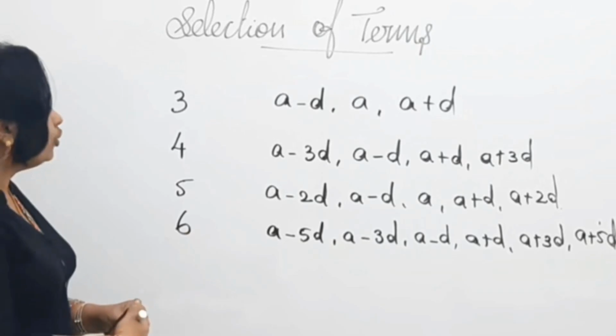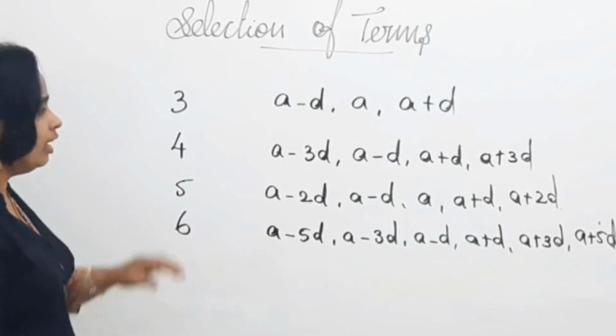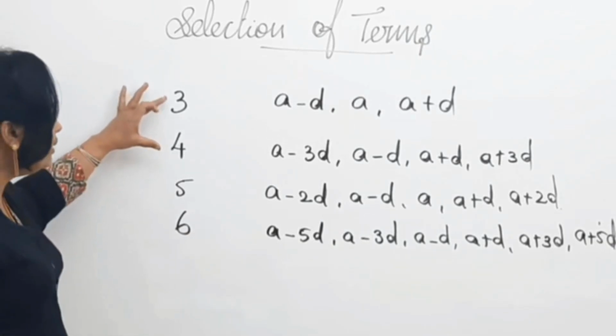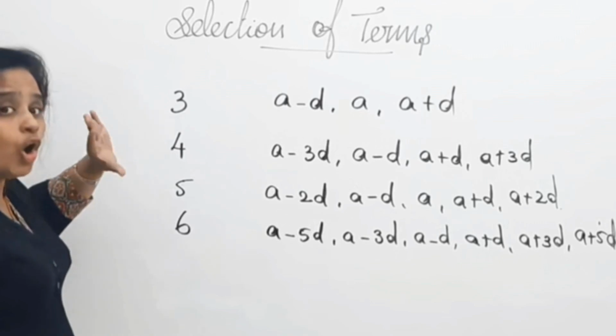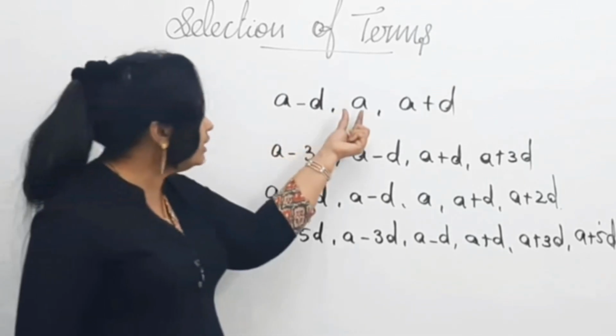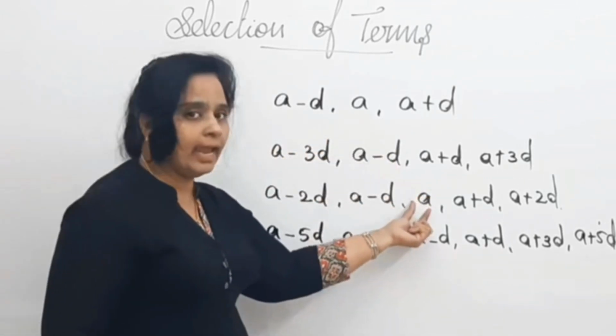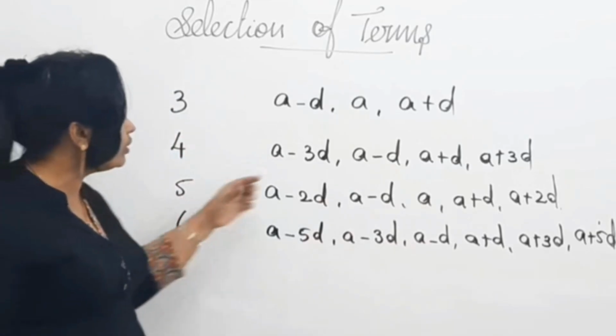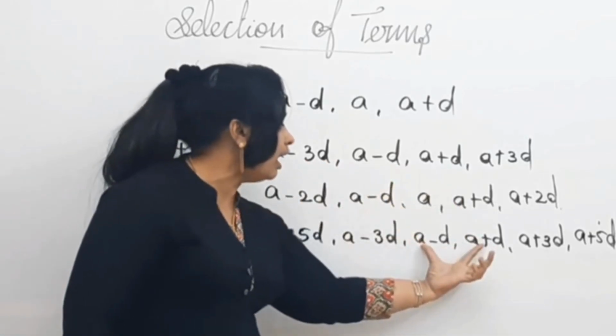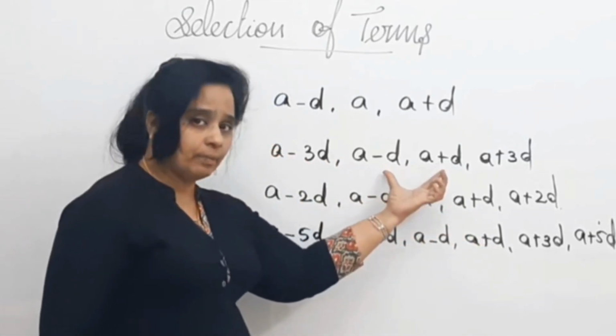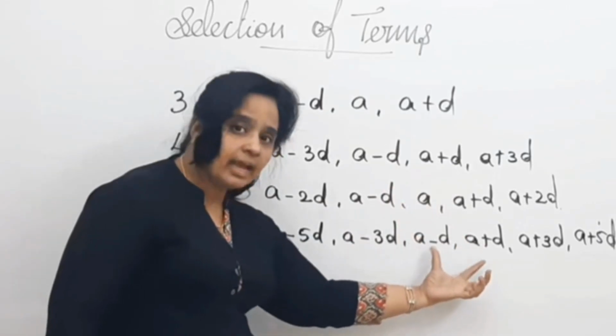Children, in this you must have noted some points here. When the number of terms asked is odd, you can see here the middle term is a. When it is an even number of terms, the middle terms are a minus d and a plus d.